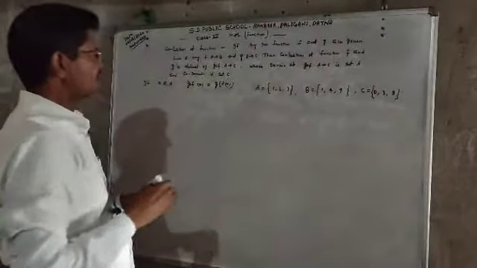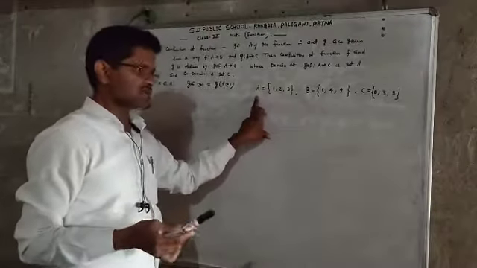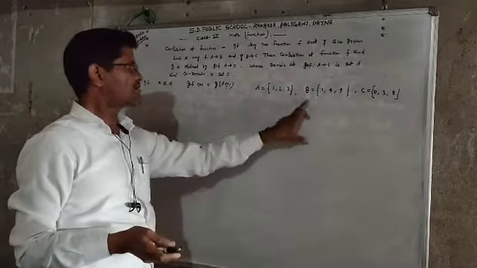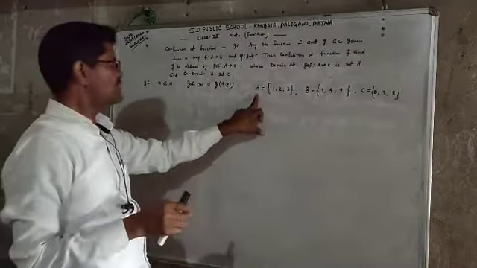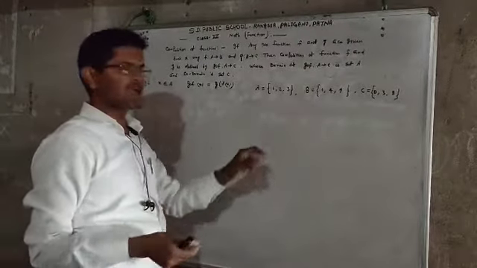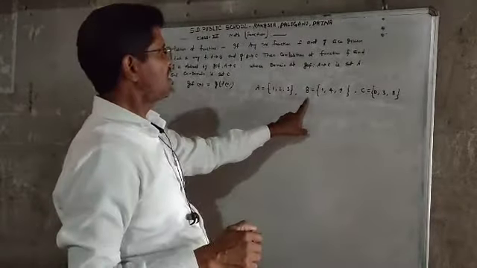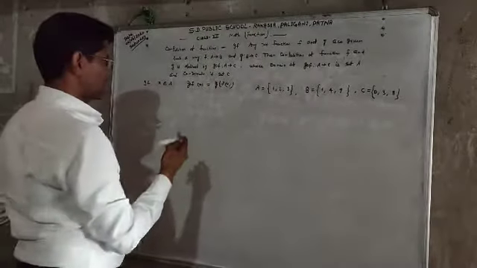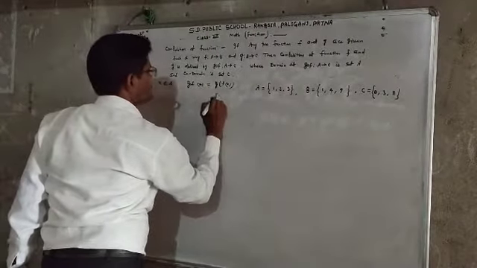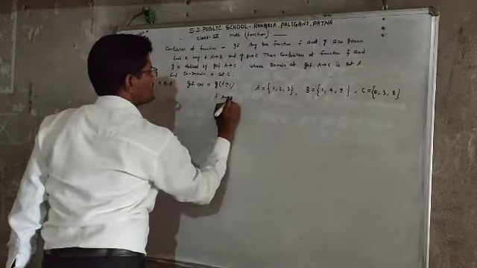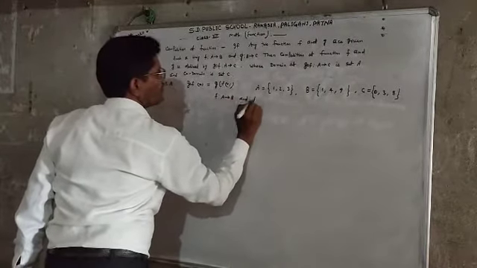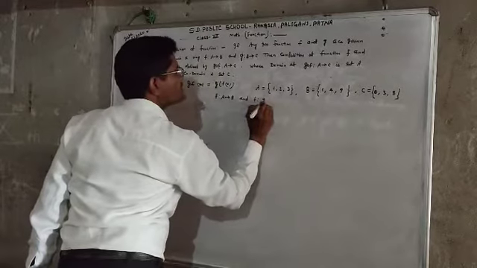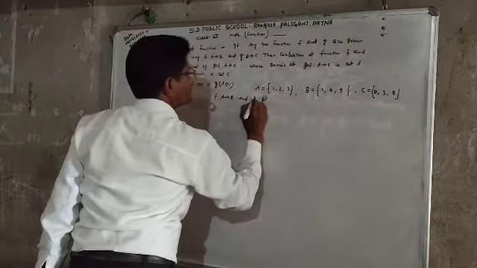Here three sets are given, and the first function is defined from set A to B, and the second function is defined from B to C.